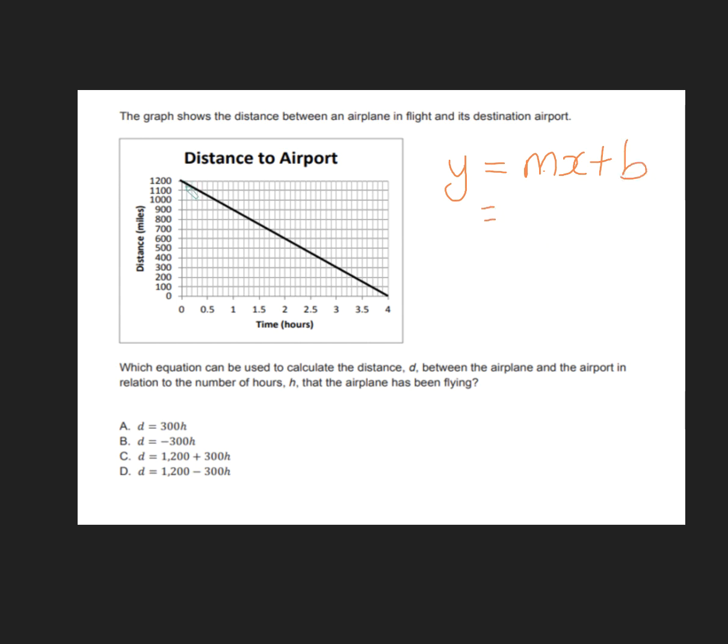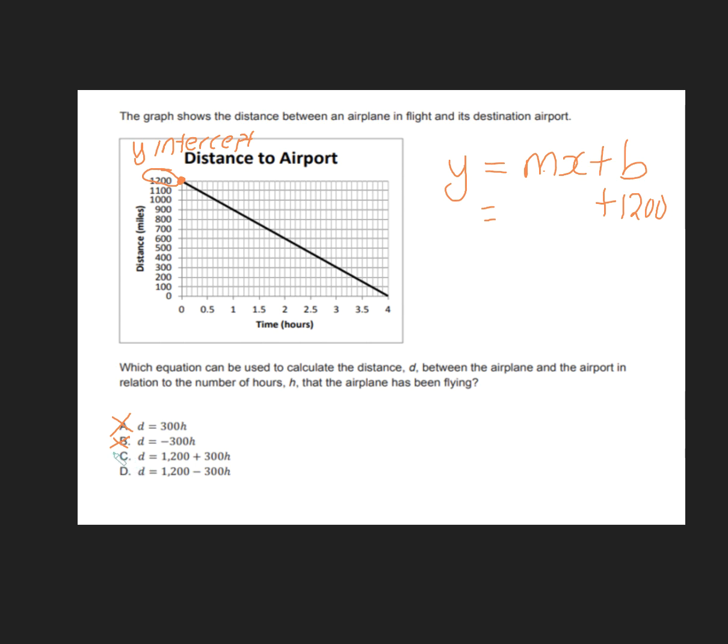Now from our graph, we can identify our y-intercept, which is right here. So this 1200 is my y-intercept, plus 1200. I can eliminate A, because there's no plus 1200 there. I can eliminate B, it does not have a y-intercept. So my answer is C or D. Okay.